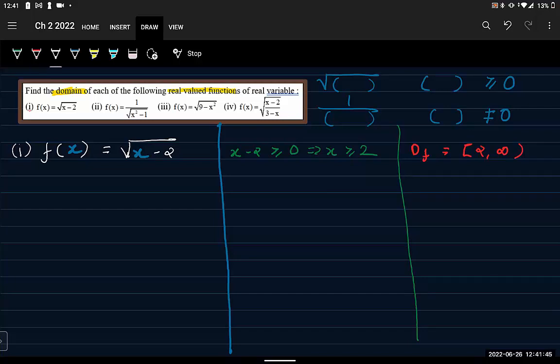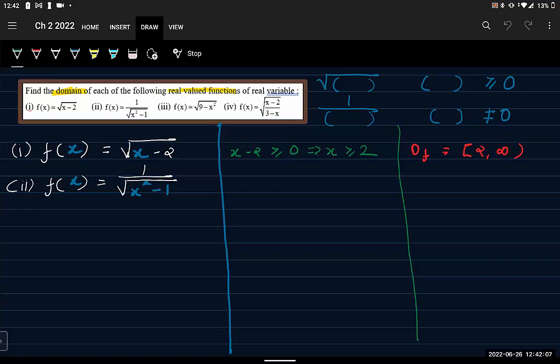Looking at our second function, here we have f of x is equals to 1 upon under root of x square minus 1. Here we have root and reciprocal both. So we'll satisfy both the conditions.